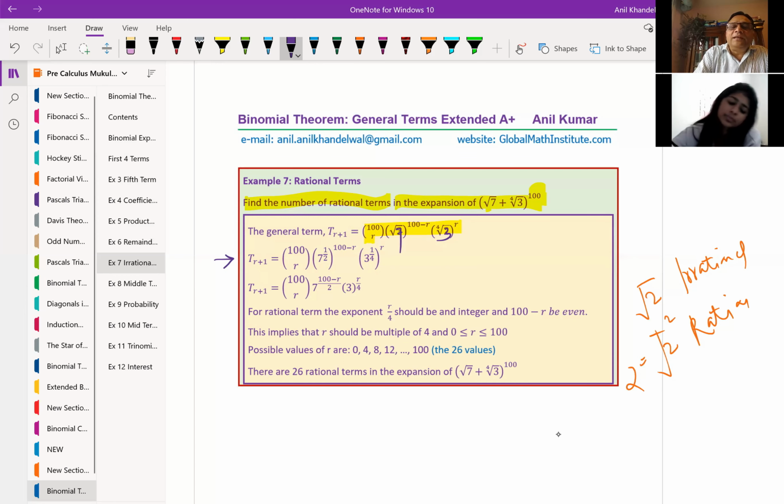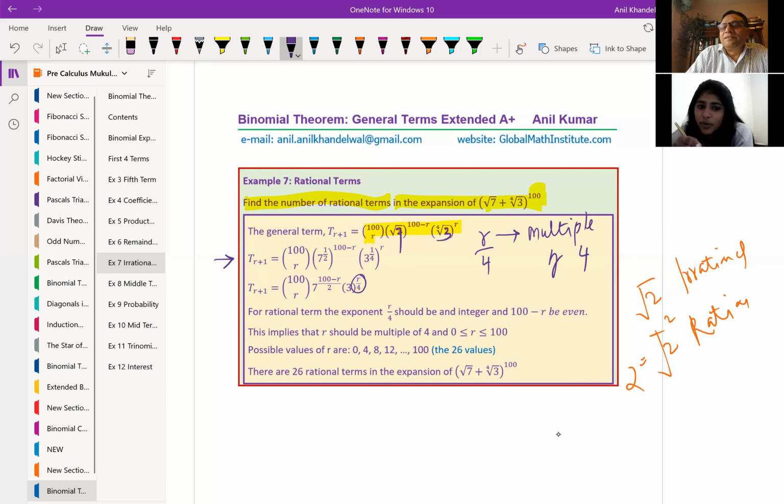Now, to make it rational, what should be the condition? Tell me. Even exponents. R value, see, R over 4. So we want R to be a multiple of 4, right? Because anything that is a multiple of 4 divides completely, like a whole number, basically.